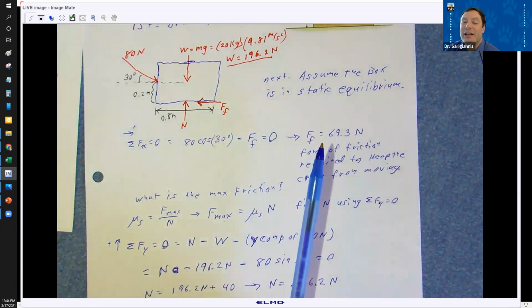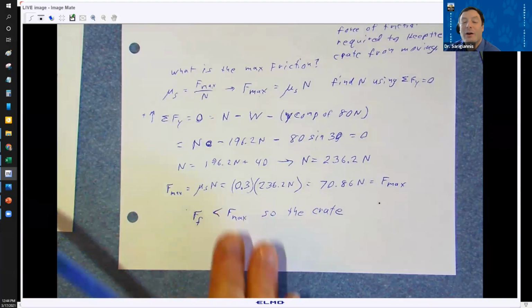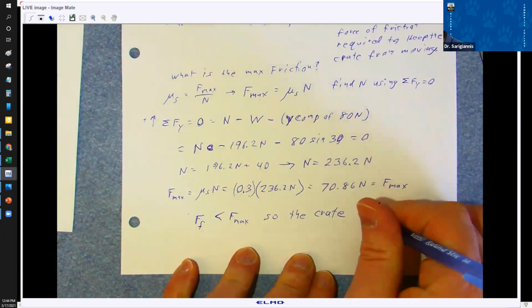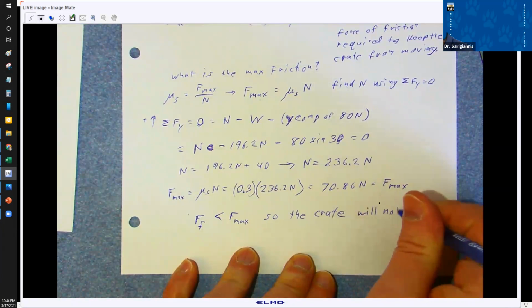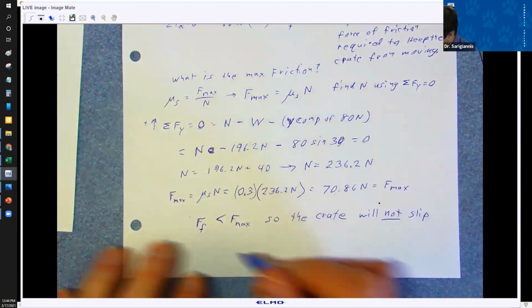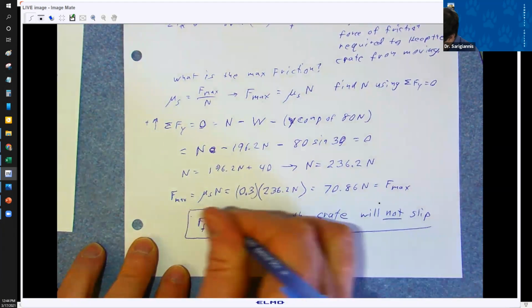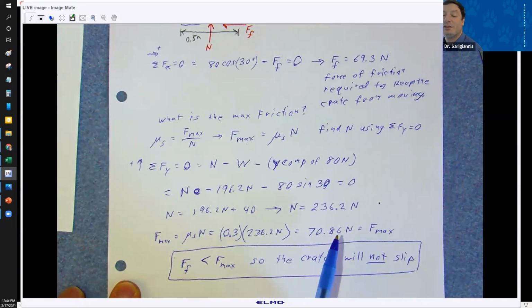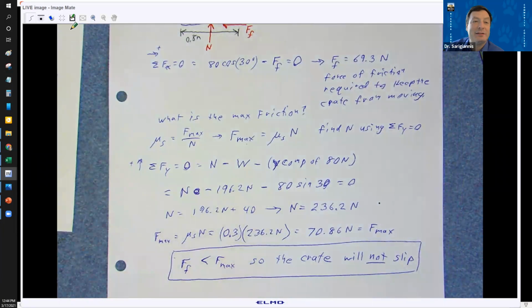That turns out that we only need 69.3 newtons. So we need less force to keep it from moving than to overcome friction to cause it to move. So in this case, the crate will not slip, because we have more than enough force of friction to keep it from moving.